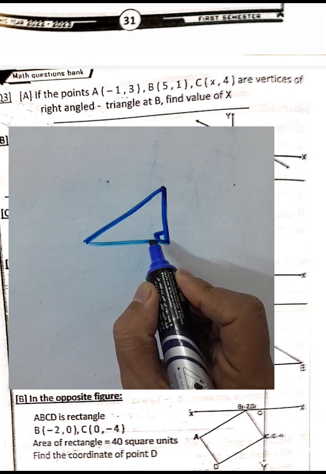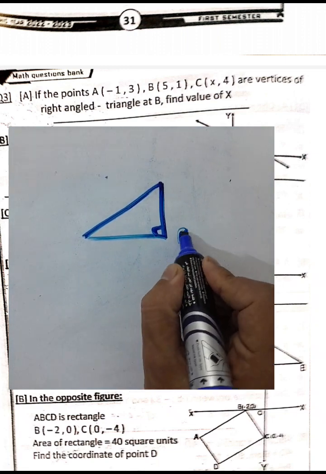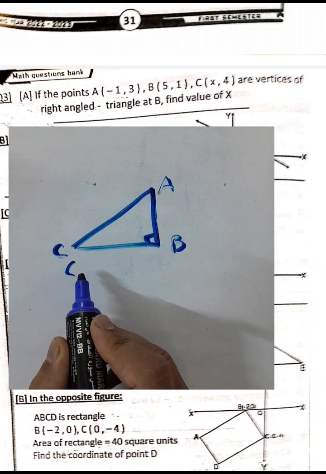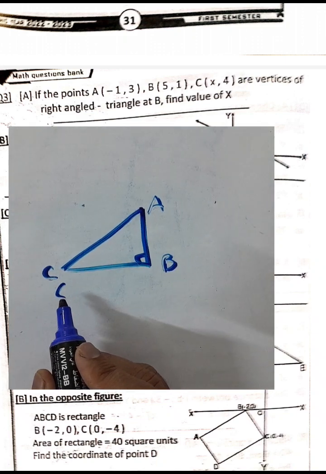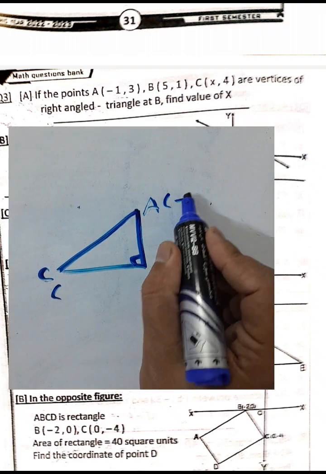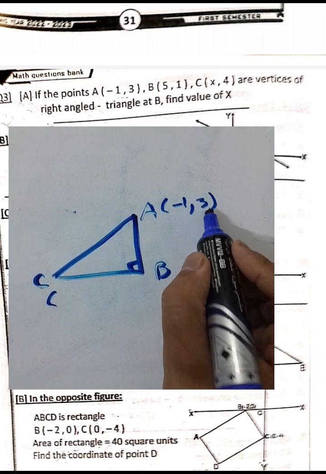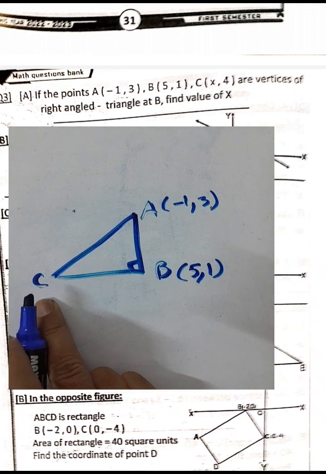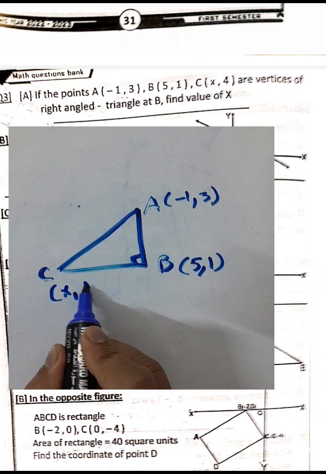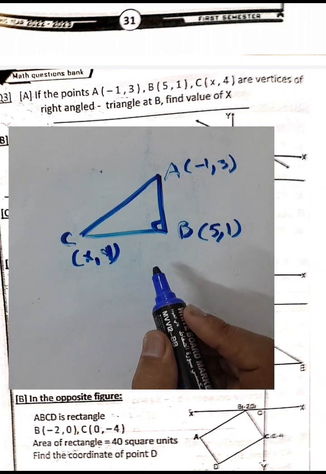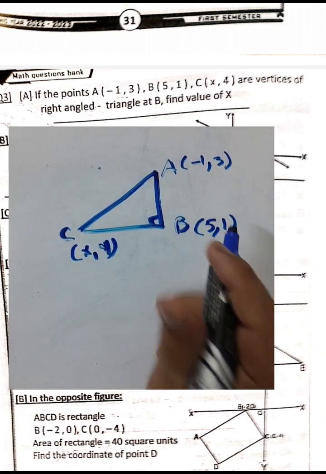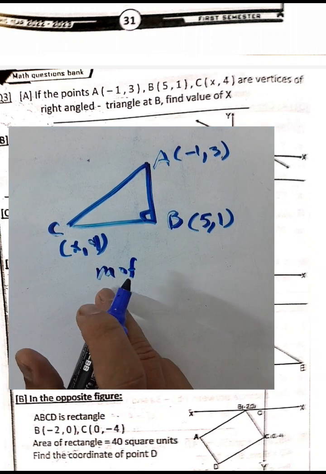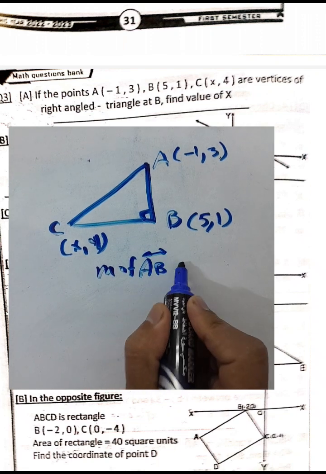It tells us right angle triangle at B. Then we have ABC here, and they give us the coordinates. He gives us the coordinates of point A as (-1, 3), point B as (5, 1), and point C as (X, 4). Okay, we can solve the example by using these rules. If AB is perpendicular to BC, then the slope of BC is the reverse of the slope of AB, which will be M.